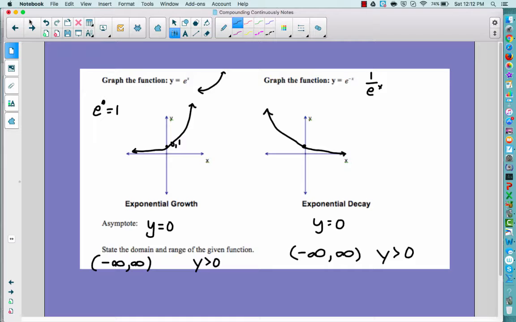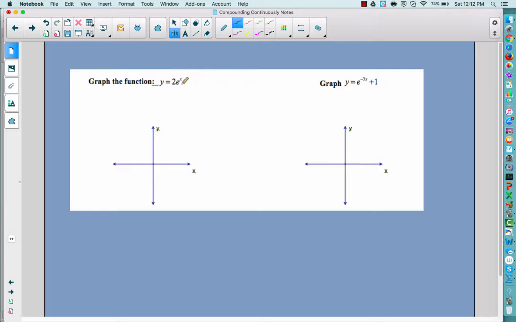Now, I'm not going to go into detail on shifting these graphs, but I just want you to know some basics about the graph. If I have a 2 in front of the function, remember that's going to vertically stretch it. If I look at y equals e to the x, and let's change this one to y equals e to the x plus 1, we know that our whole graph is being shifted up 1.